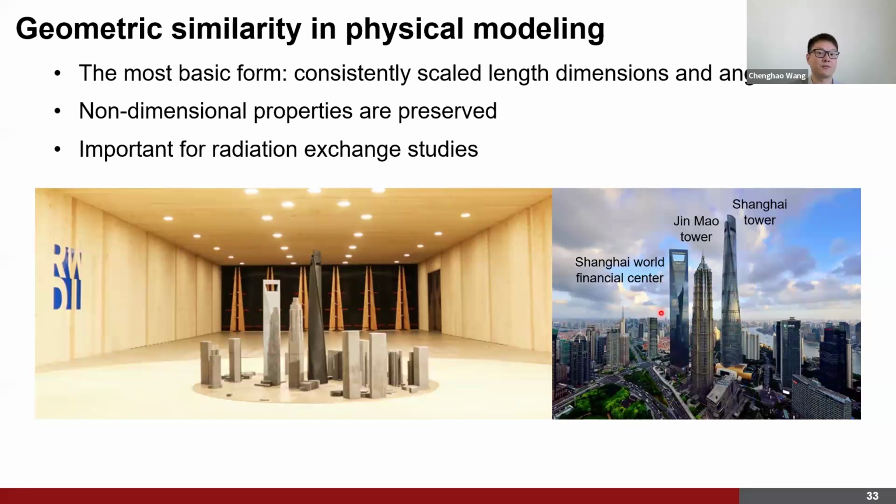As you can see, most of the geometric characteristics of the three highest buildings are retained, including their spatial configuration and their relative relationship with the surrounding high-rise buildings. This kind of geometric similarity is very important if we want to study the radiative exchanges or shadow patterns of different urban geometries.